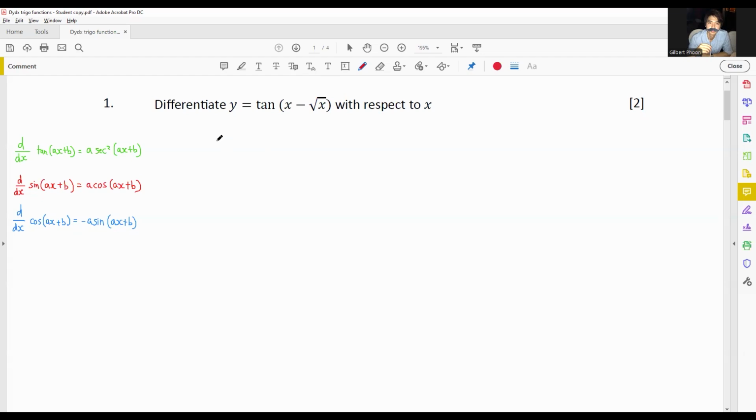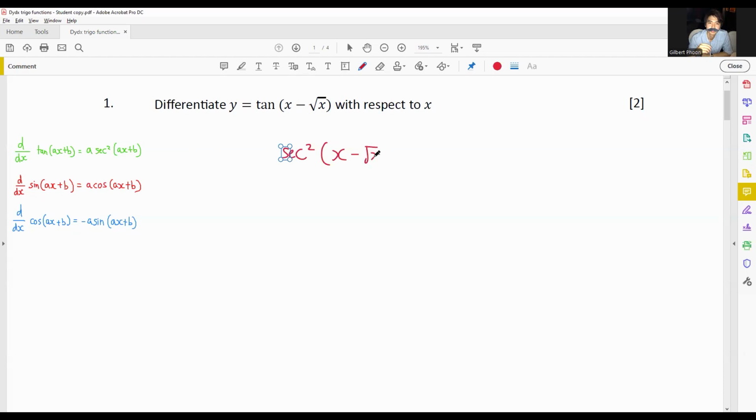For your first question, differentiate y equals tangent x minus square root of x with respect to x. In this first question, first of all, like I mentioned, tangent will turn into secant square. Then when you differentiate trigonometric functions, whatever is inside the bracket will be just the same.